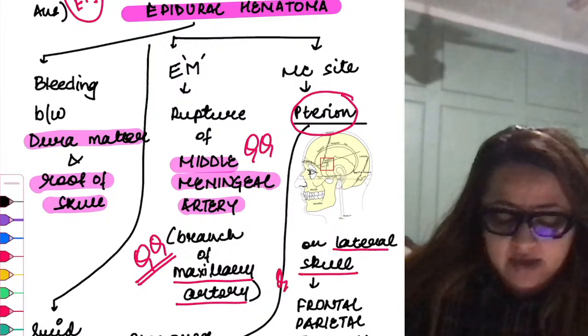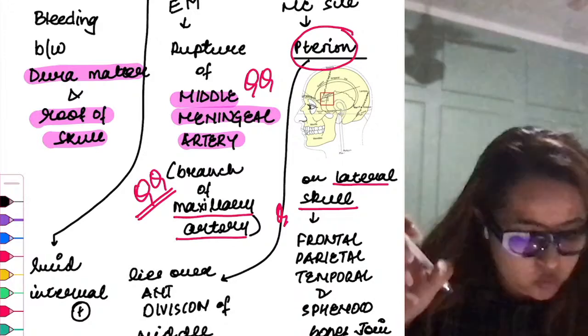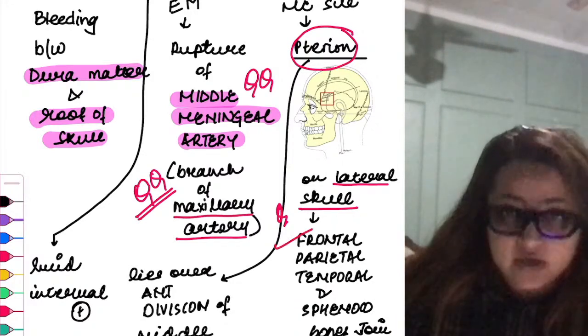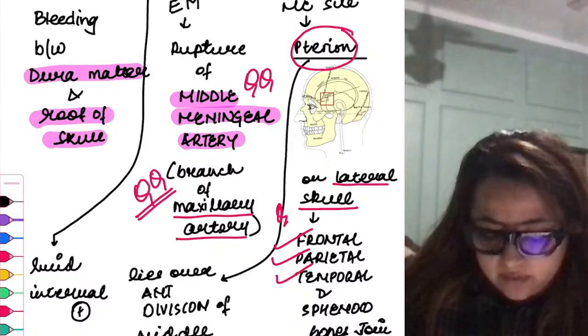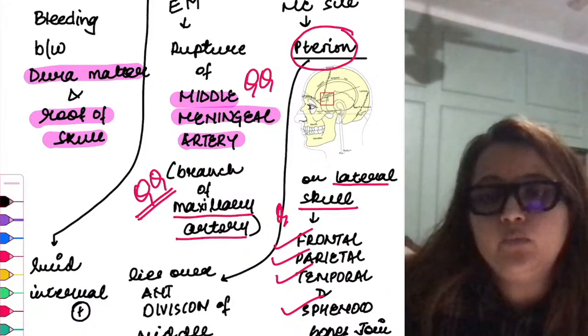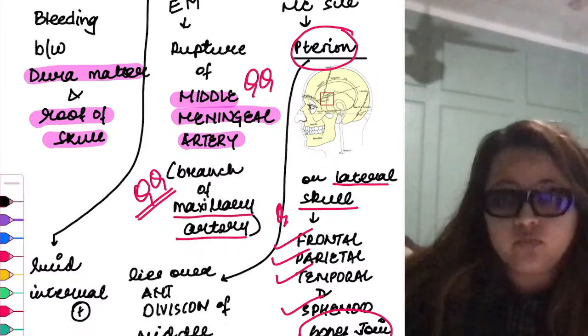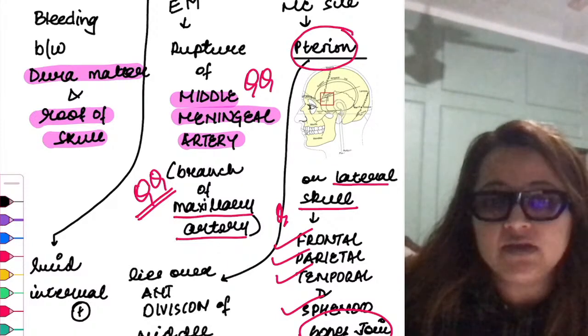Okay, this is also a very high yield point where different bones are joining together. So you should know which bones are joining together at the Pterion. Number one is frontal, number two parietal, number three temporal, and number four is sphenoid. So frontal, temporal, parietal, and the sphenoid bones are joining together on the lateral skull, and the point where they are joining together is known as the Pterion.